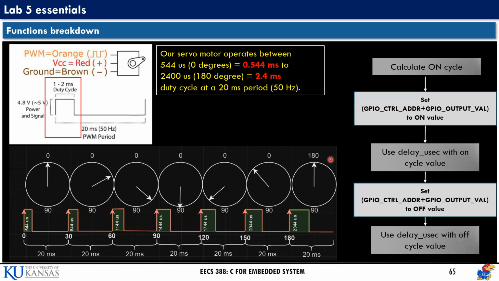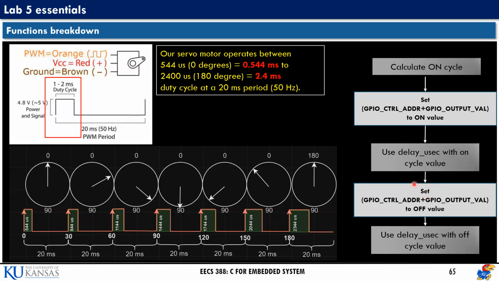We have to pass this clock period value to that GPIO pin so that the motor can get this pulse width. Then we can use some delay. So for this amount of time, for example 544 microseconds, it was turned on, and for the rest of the time we have to set the GPIO pin to 0, I mean pass 0 voltage on that pin.